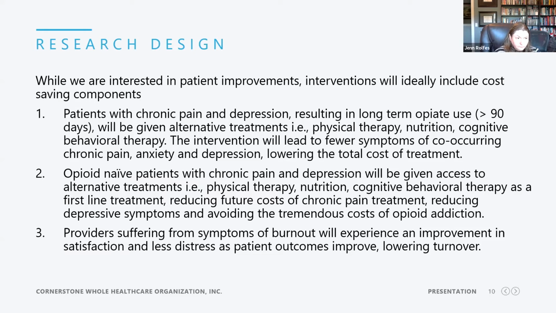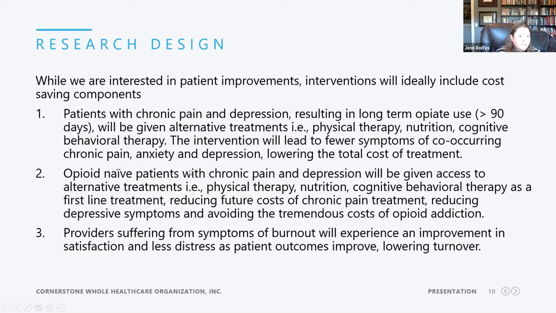So, we're going to define patients with long-term opiate use, those that are greater than 90 days. Opiate naive patients would be patients who have not been on long-term opiate therapy before. And essentially these end up being our hypotheses. So we have our research questions, and here we're saying what our hypothesis is.